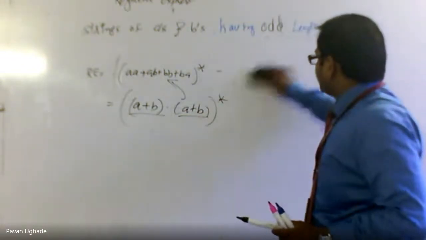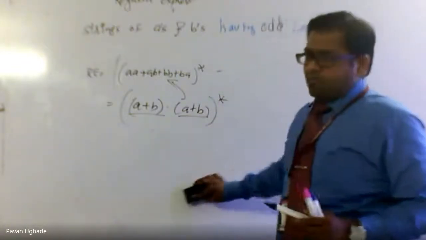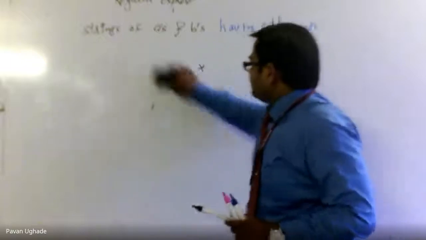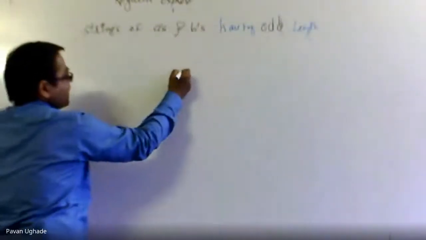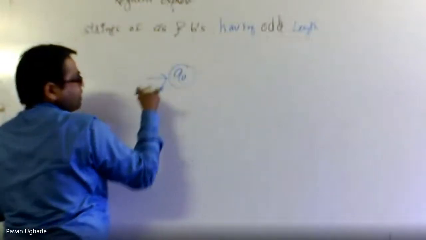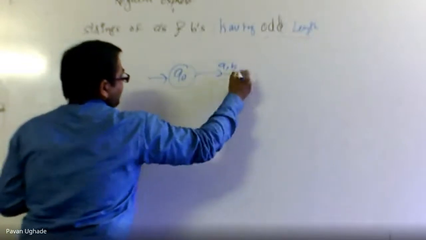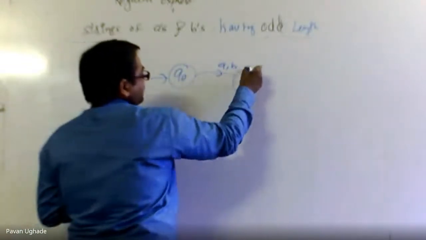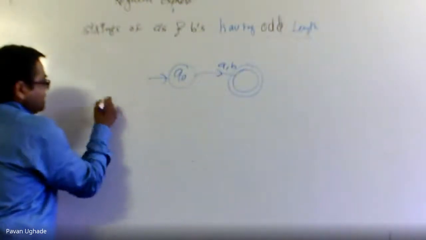For odd length, this is for even. For odd length, how will you do that? See, try to understand, guys. What happens in odd length? Q0, the minimum string is 1, so it is accepted, A comma B. It can be A or it can be B. Then 1A is accepted. So I will say A plus B.